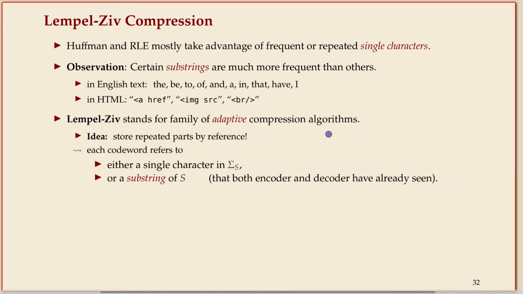To capture this, we need a different idea. Lempel-Ziv is a whole family of such compression algorithms. And as in the poem, you store things by referring to things you've seen before. What you can store more specifically in Lempel-Ziv or Lempel-Ziv-Welch is either a single character or a substring of the text that you've already encoded.